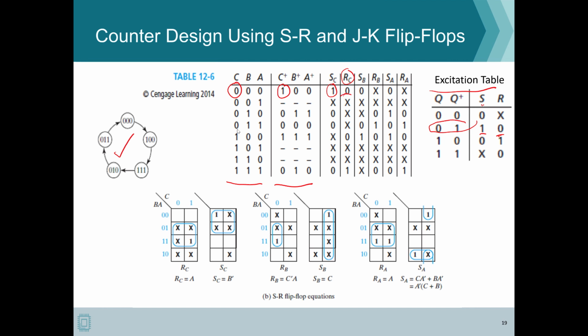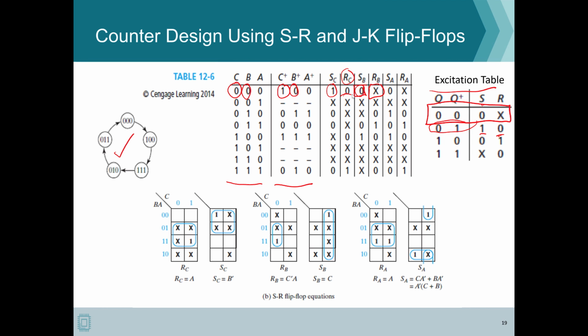Similarly, when you consider B is 0 and B plus is 0, we look this up, and for 0 0, S of B will be 0, but R of B will be X.